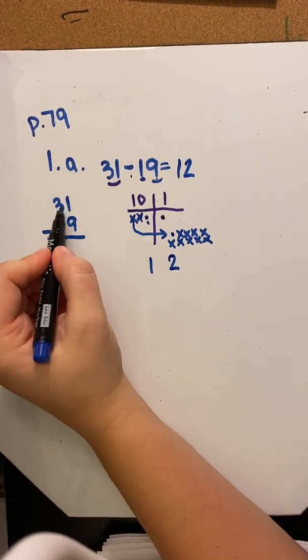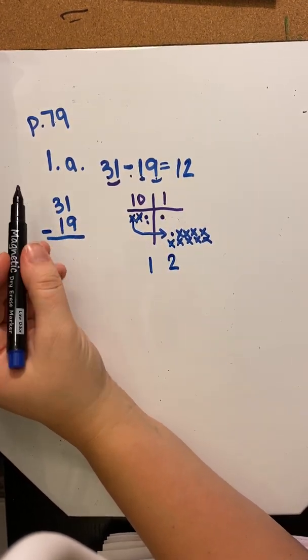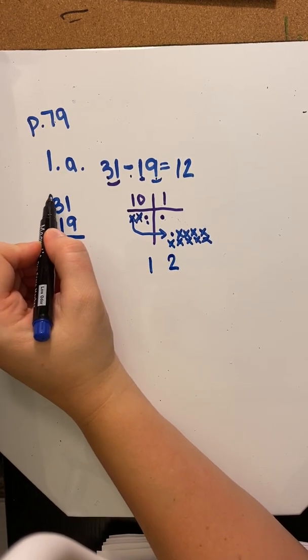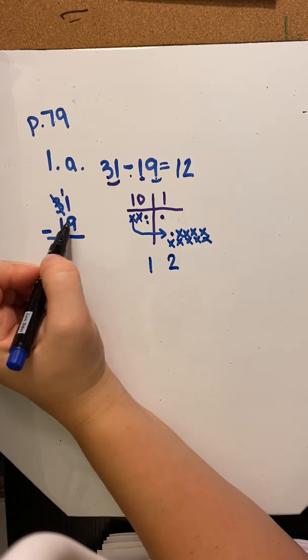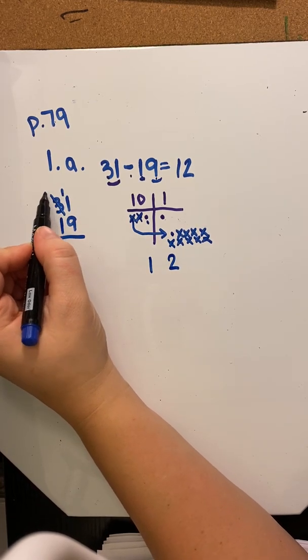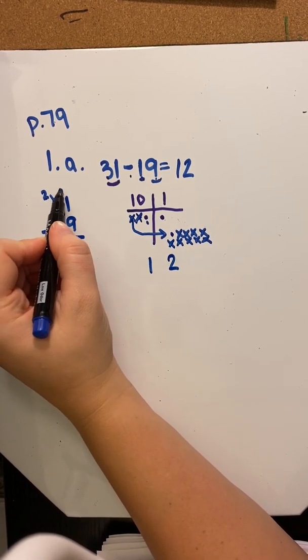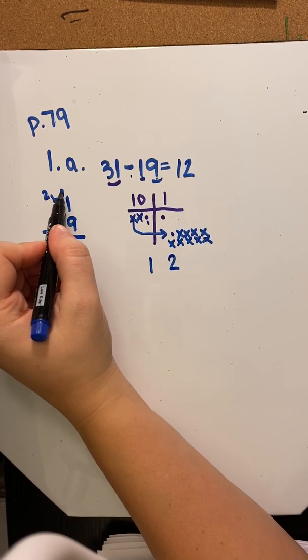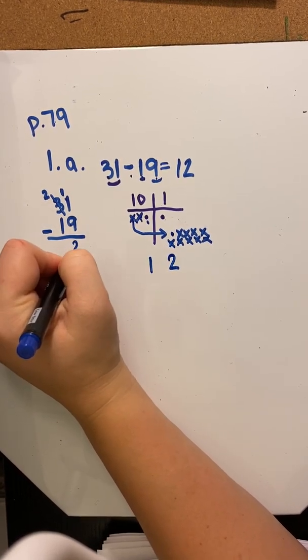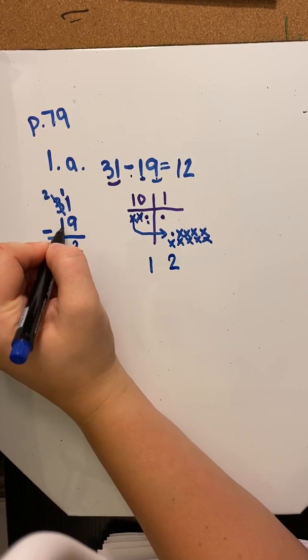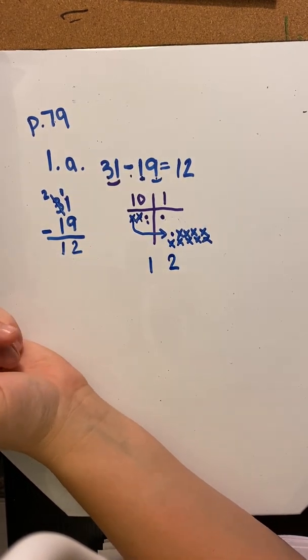And I'm going to show you how we do this here. Here we cross off the 3 and we add the 1. We make it a 2, add the 1 over here, and now 11 minus 9 is 2. 2 minus 1 is 1.